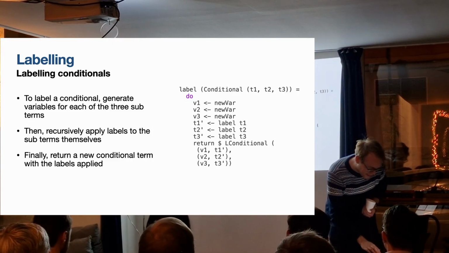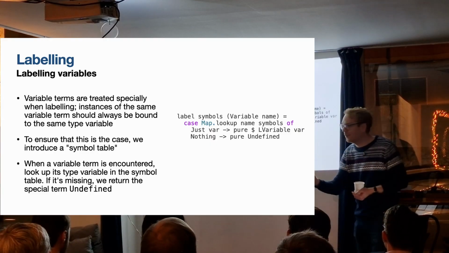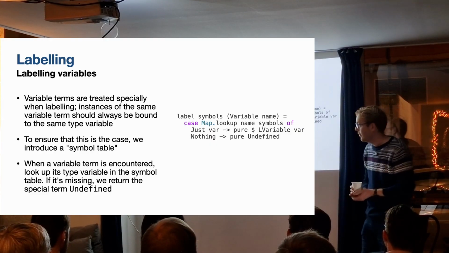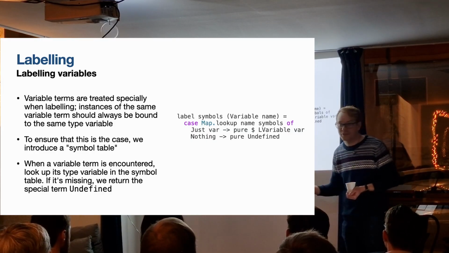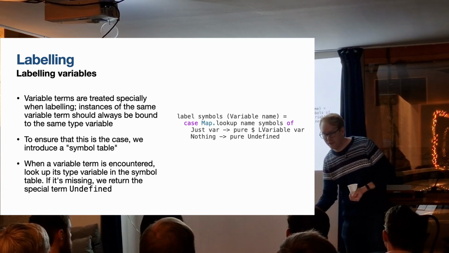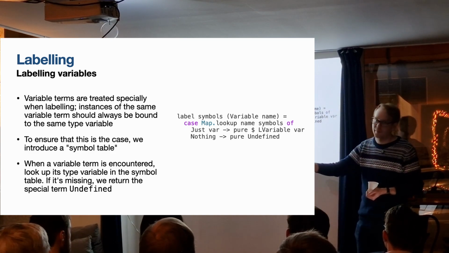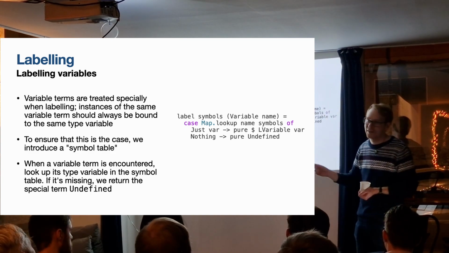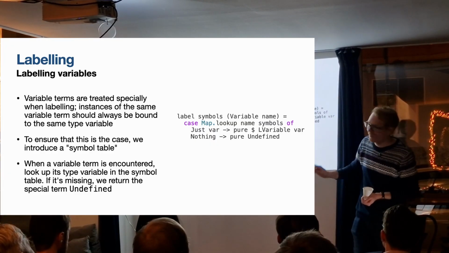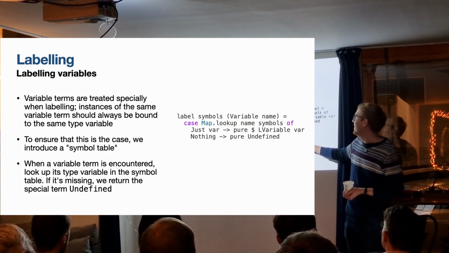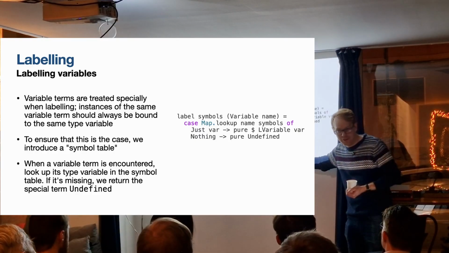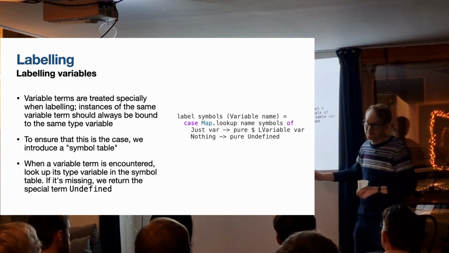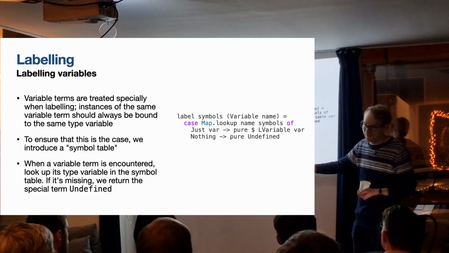Good. Okay, so now comes the trick with the variables. One thing you can do to make your life a bit easier is introduce a rule that says that if you have seen a variable term before, reuse the variable that you used previously.